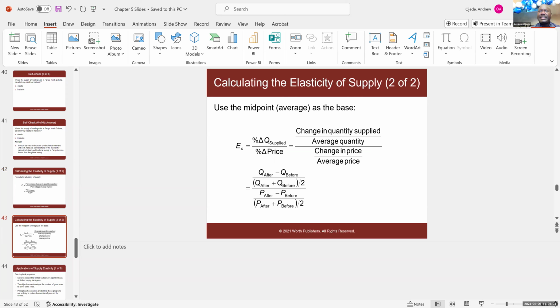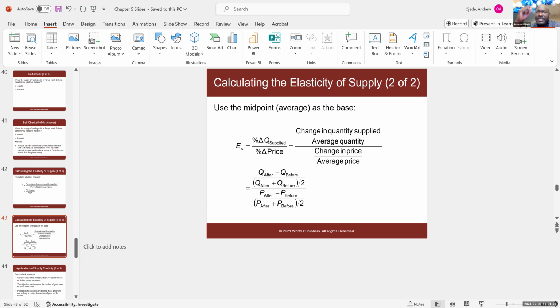And when we use the midpoint formula for calculating elasticity of supply, you take the change in supply divided by the average supply. Remember, when price changes, producers are increasing or decreasing supply, so there are two points on the supply curve.